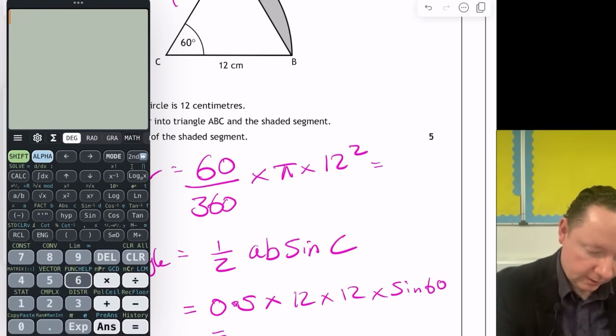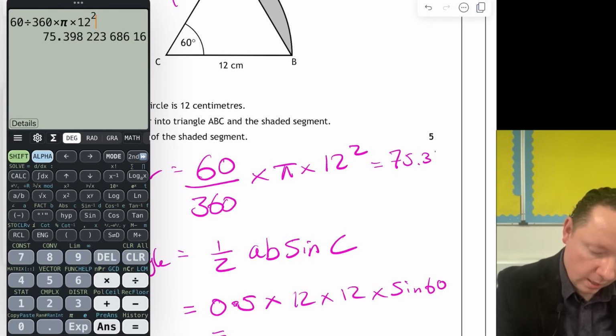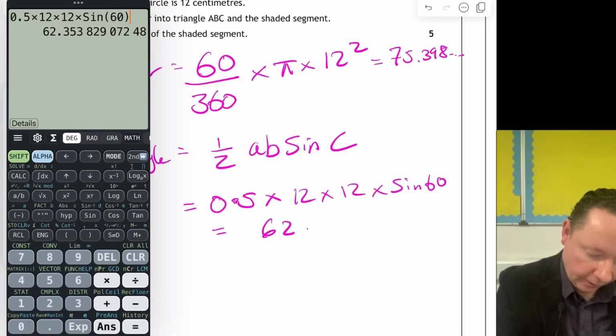60 over 360 times pi times 12 squared is 75.398. And the other one, 0.5 times 12 times 12 times sine 60 is 62.353 and a bunch of other numbers.